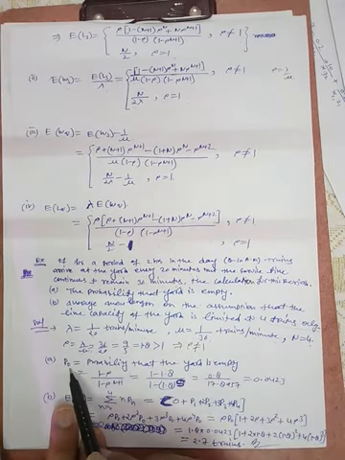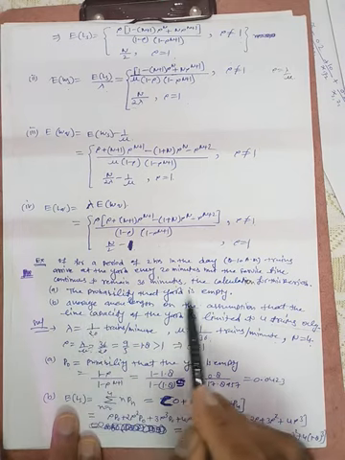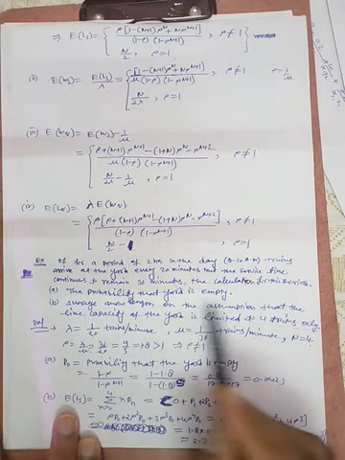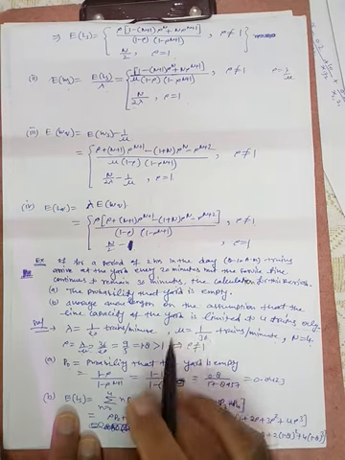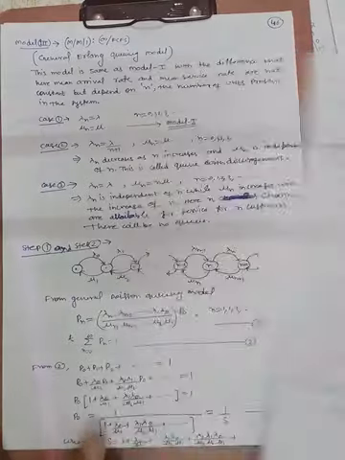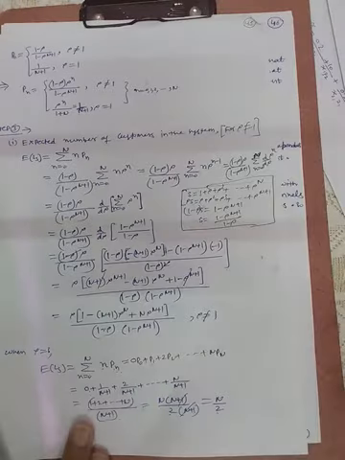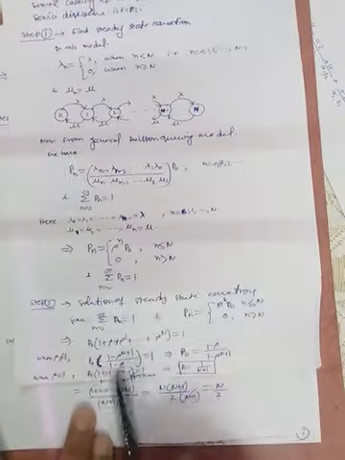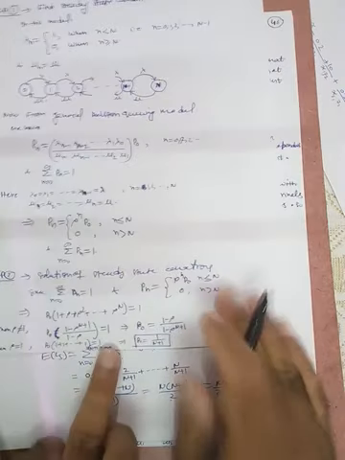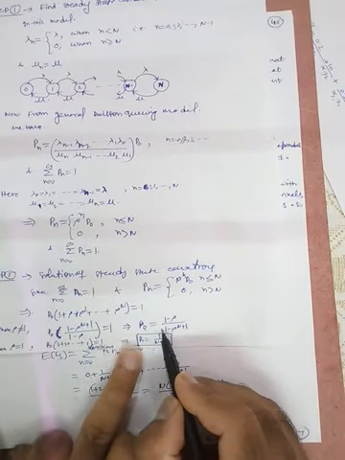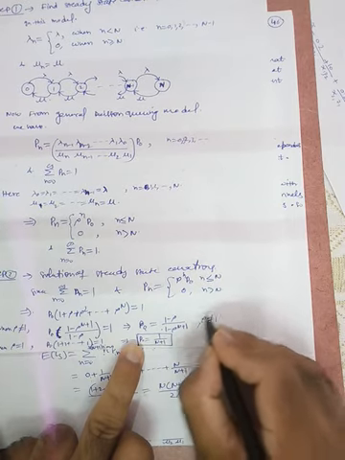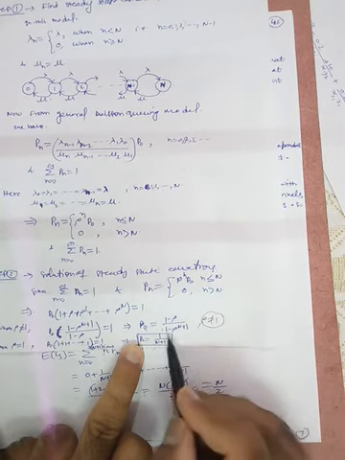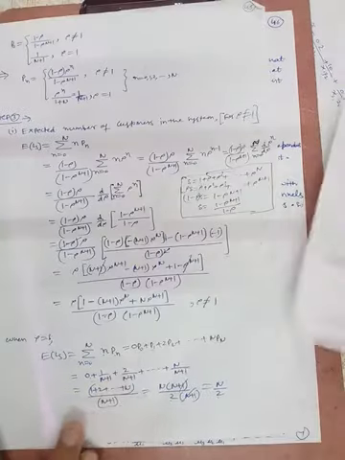Now here, what is P naught? The probability that the yard is empty. Empty means 0 trains. So this is P naught, and according to the formula, P naught for rho not equal to 1 is 1 minus rho upon 1 minus rho raised to the power n plus 1.